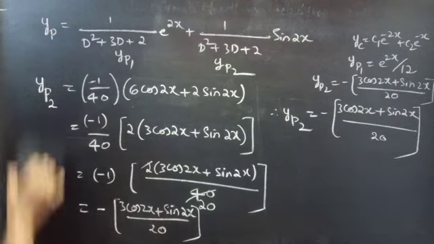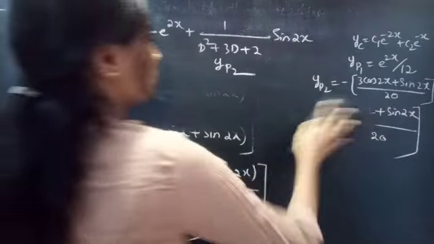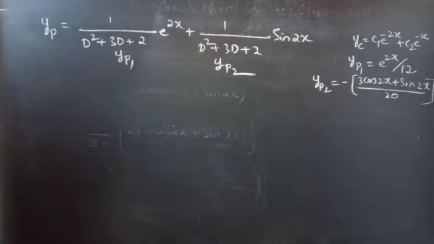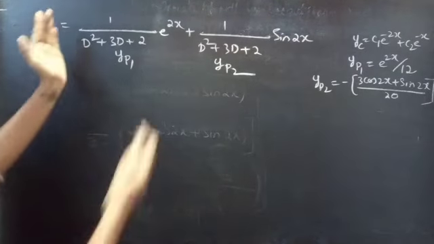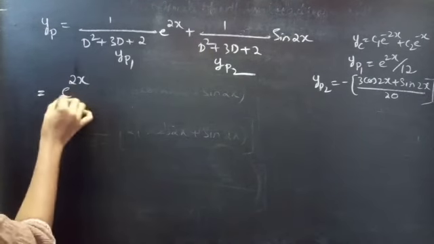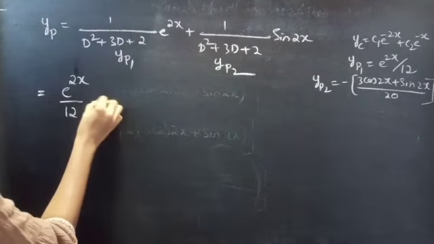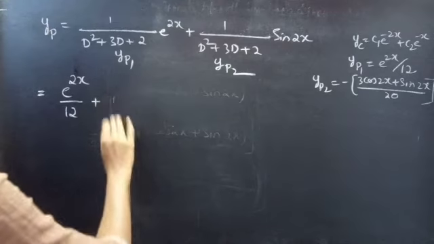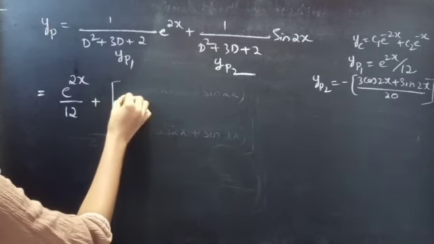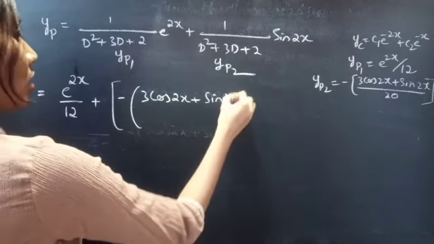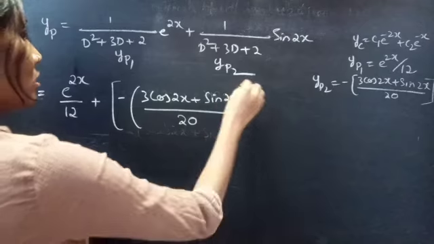Now coming to yp again. We got the results of yp1 and yp2, right? So let's replace it. So the result obtained from the yp1 is e power 2x by 12 plus result obtained from the second term is minus of 3 cos 2x plus sin 2x by 20.